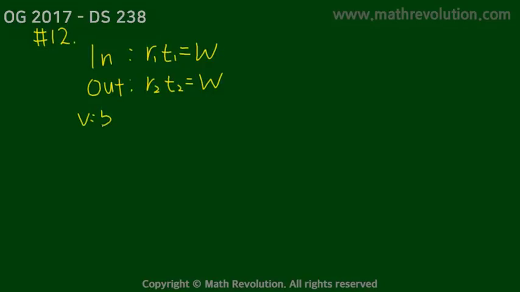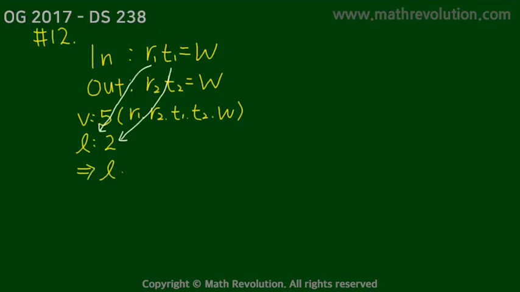So total, we have 5 variables, R1, R2, T1, T2, and W. Total of 5 variables. And then we're given 2 equations that we just wrote, the one for the in and the one for the out. So we need 3 additional equations because we have 5 variables to solve for all 5 of the variables.